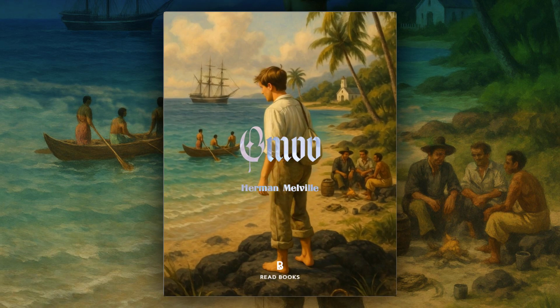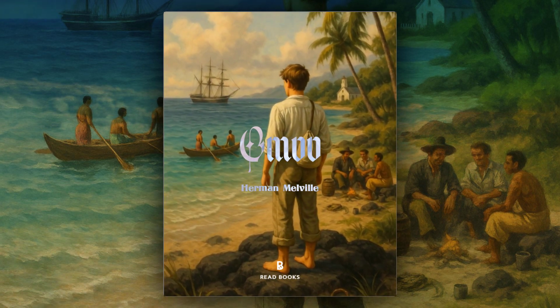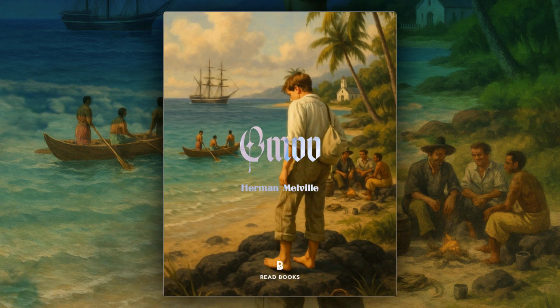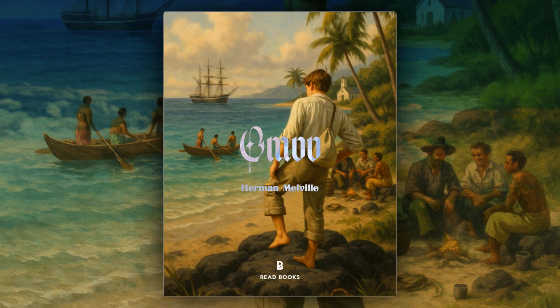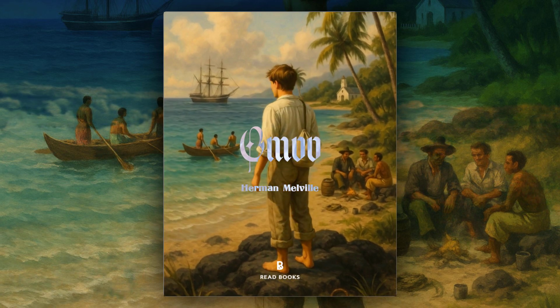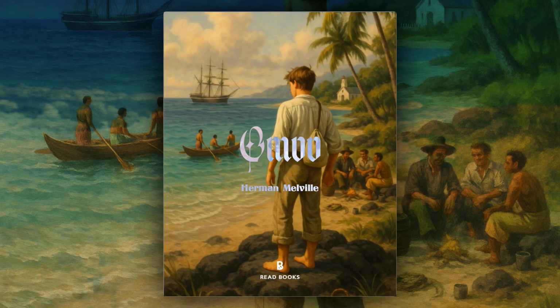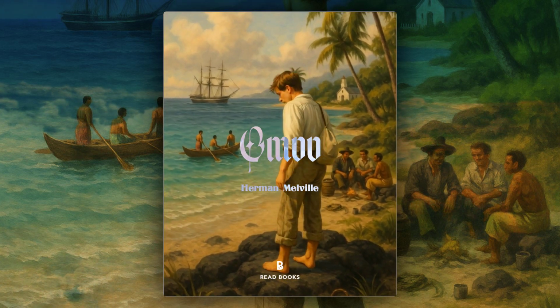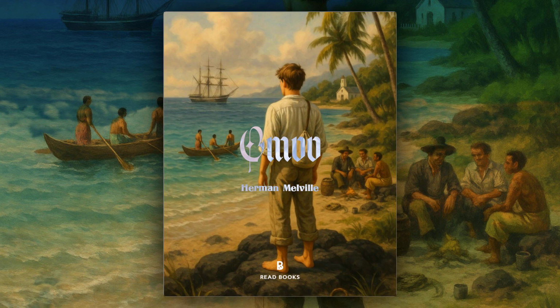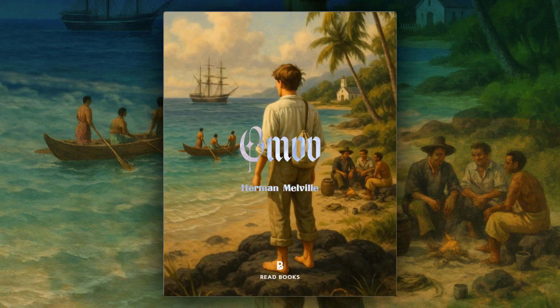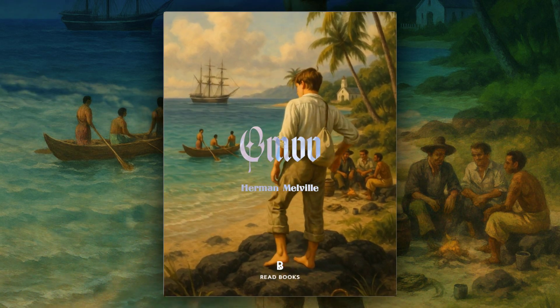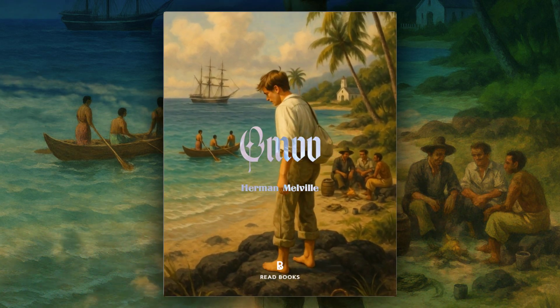As Tommo's adventures unfold, readers are invited to consider their own position between the natural world and the constructions of society, leading to a deeper understanding of self and community. Melville's work remains a vital reflection on the human experience, urging readers to explore beyond the obvious and venture into the depths of cultural, personal, and existential discovery.